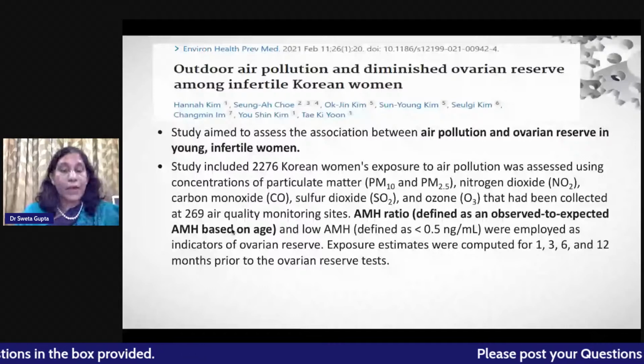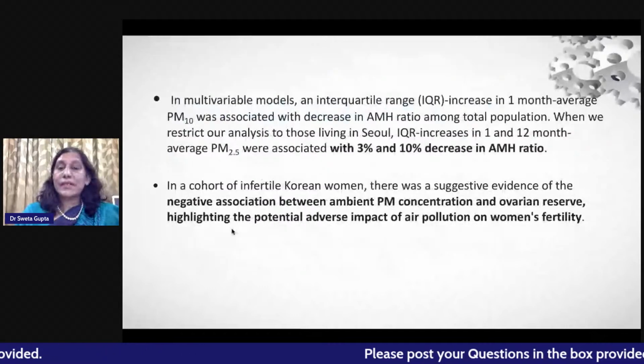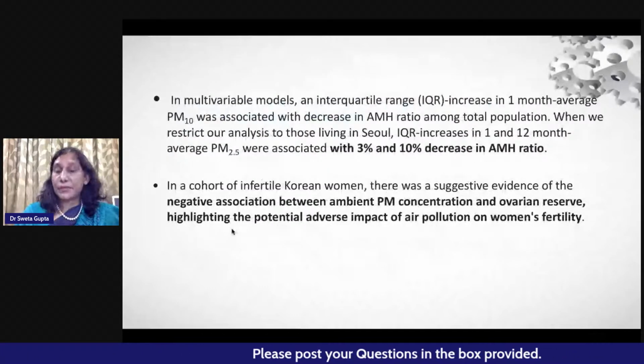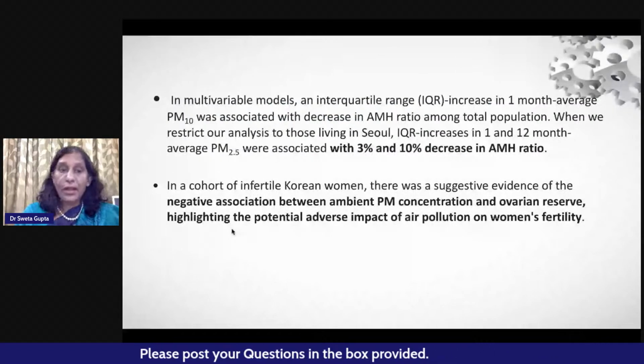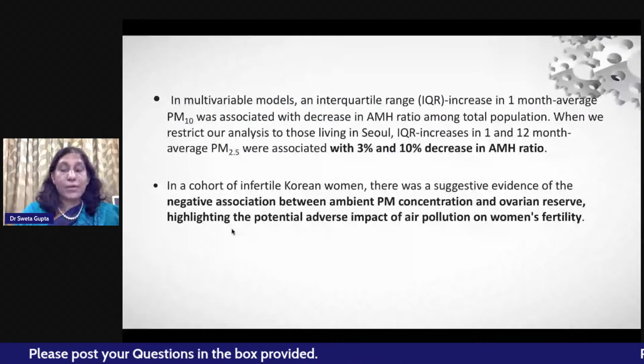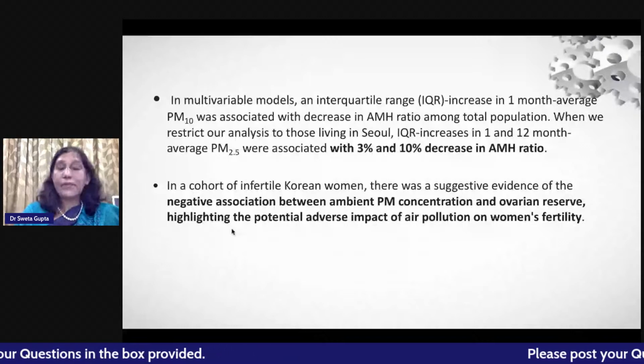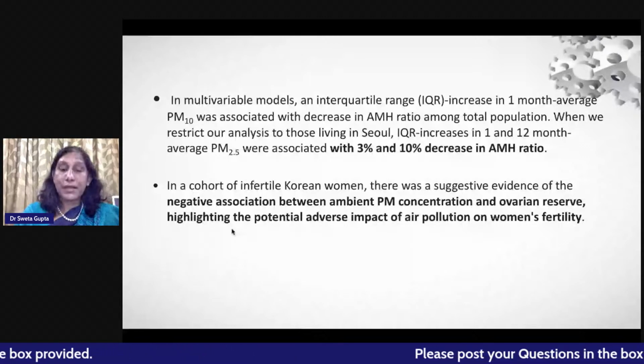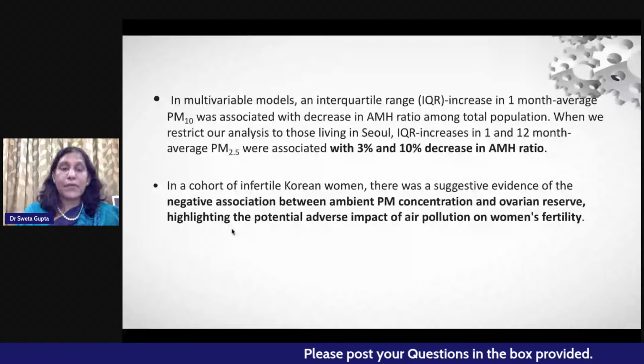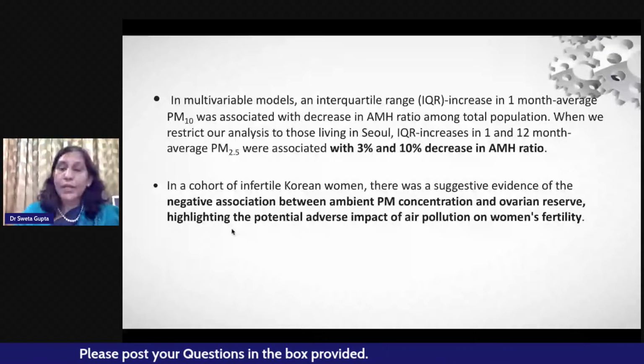What they found was that with pollution, there is a 3 to 10% decrease in the AMH ratio. This evidence suggested that there is a negative association between ambient PM concentration and ovarian reserve, highlighting the potential adverse impact of air pollution on women's fertility.